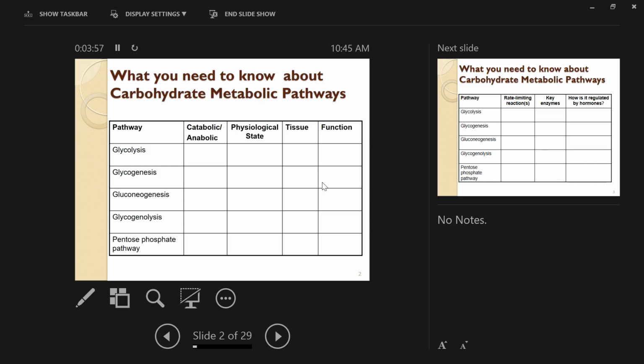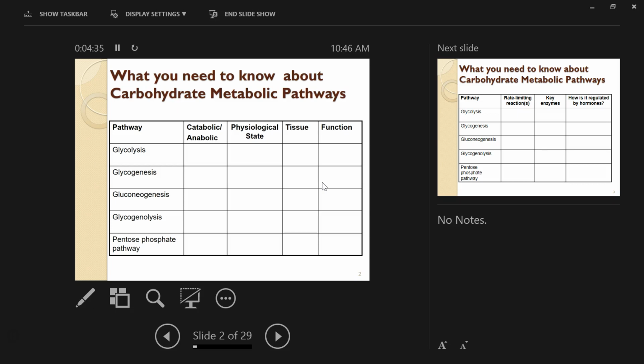But this enzyme is also present in the kidney, so the kidney, which does gluconeogenesis, is also able to release glucose into the circulation. So glucose 6-phosphatase catalyzes the reaction which converts glucose 6-phosphate to glucose, and this reaction is common to both gluconeogenesis and glycogen breakdown, right?